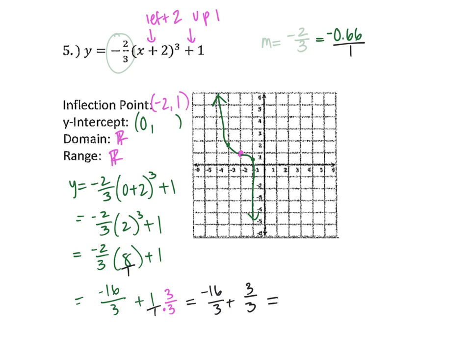And now since the denominators are the same, I can add the top. So negative 16 added with 3 gives me negative 13 over 3. And so there we have our y value. You could also have done this using a decimal, that's fine. You would just have to round, but I'm going to keep it as a fraction.